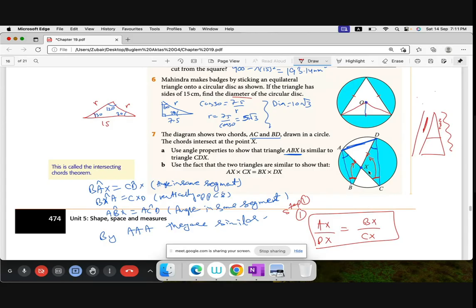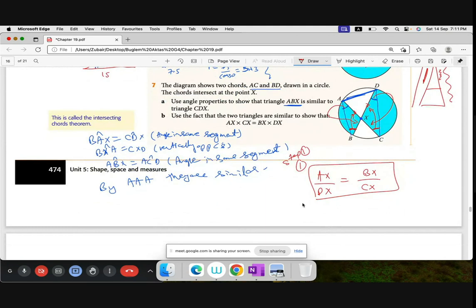So AX over DX is equal to BX, which is in front of this marked angle, over CX in front of this marked angle. Once done, now we can cross multiply. So I can say AX into CX is equal to BX into DX. Simple ratios and then cross multiplying.